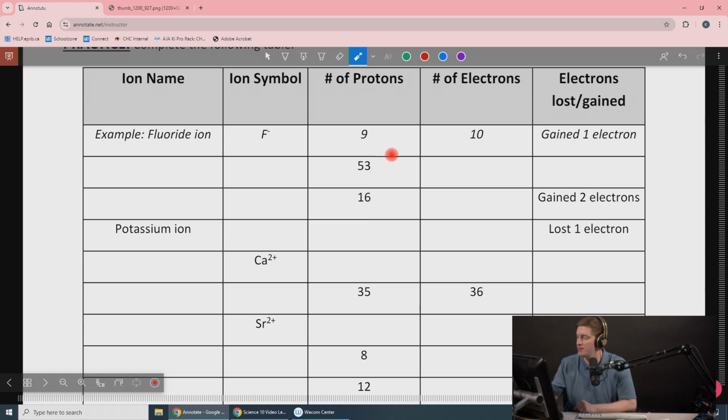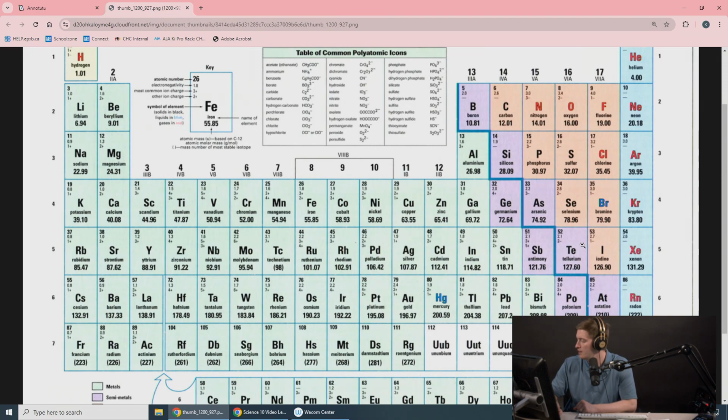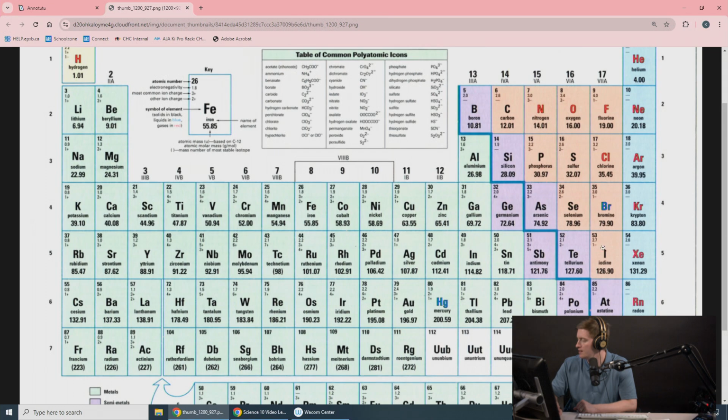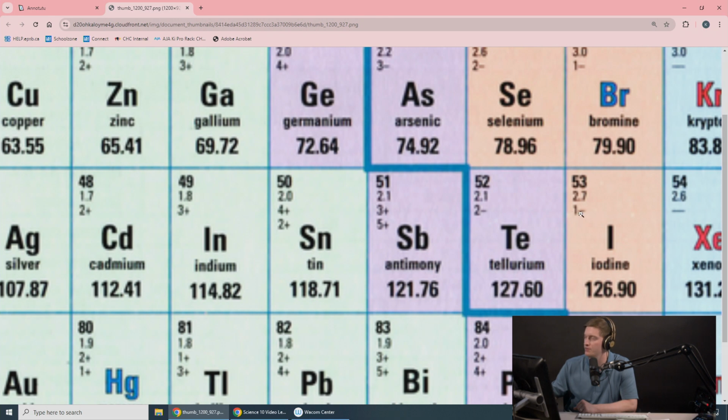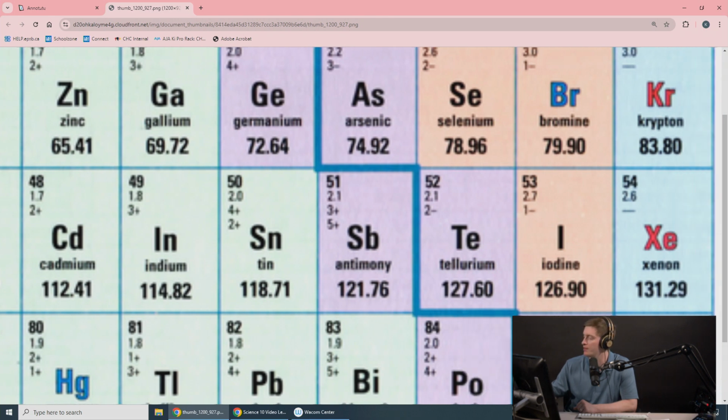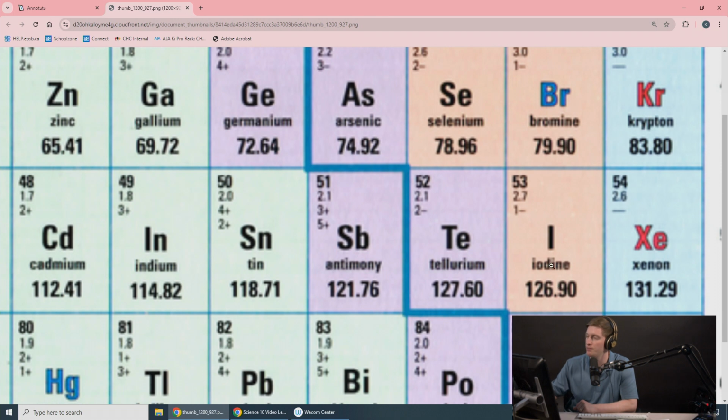But we can make the ion that's formed by number 53. So find number 53. Number 53 here is iodine. On my periodic table, it tells me that it has a 1 negative charge. Your periodic table, I think, straight up says iodide on the bottom for Science 10.